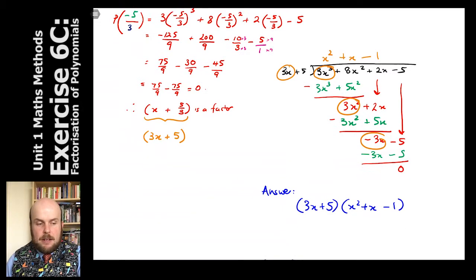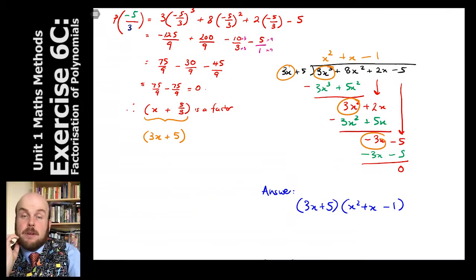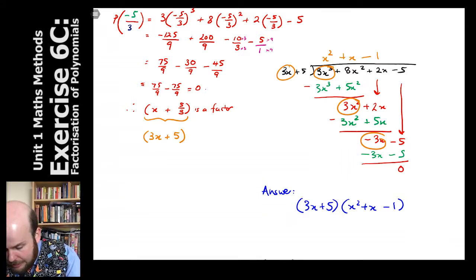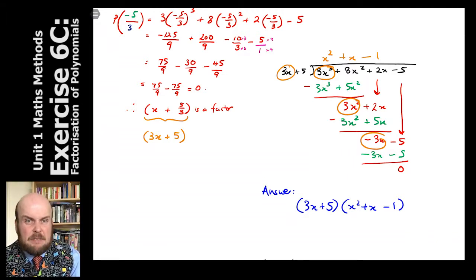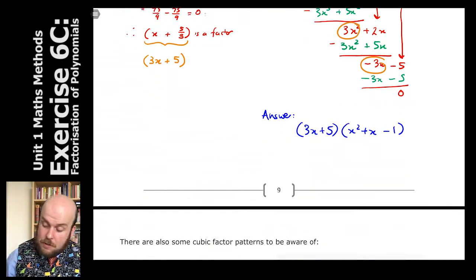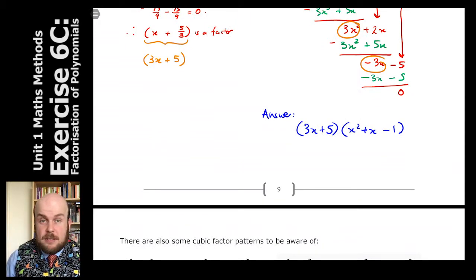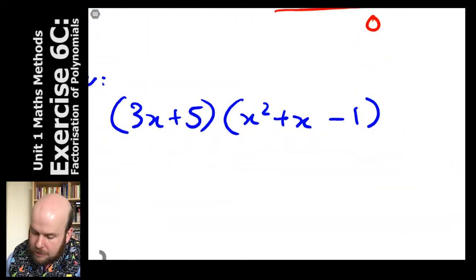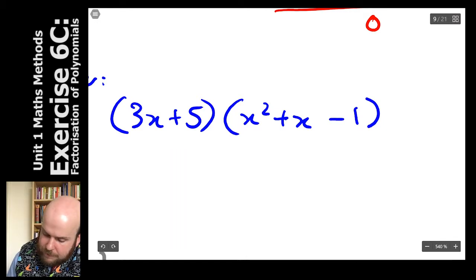Now, this is where you'd be wondering, all right, can I factorize this other one here? Can I turn this into something else, into a simpler form? Well, it doesn't really factorize very nicely here. I mean, you could, actually, yes, you could factorize it. It's going to be awful, though. So we'll have to complete the square of this one. So what I'm going to do is just complete the square.